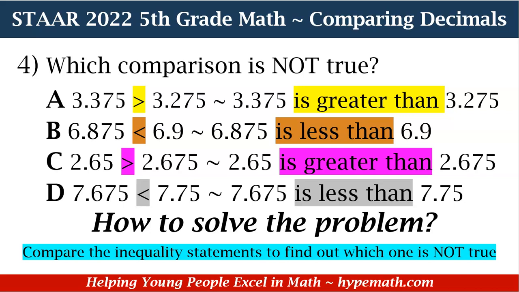Miss Jackson is having issues today, guys. My apologies. C, 2 and 65 hundredths is greater than 2 and 675 thousandths. Or D, 7 and 675 thousandths is less than 7 and 75 hundredths. Again, we are looking for the inequality that is not true. It's wrong. It's false. Okay.